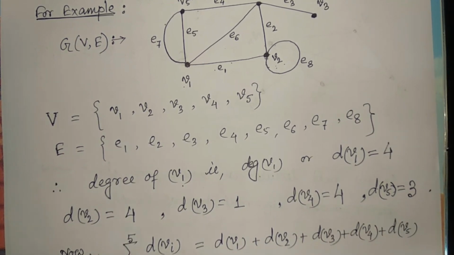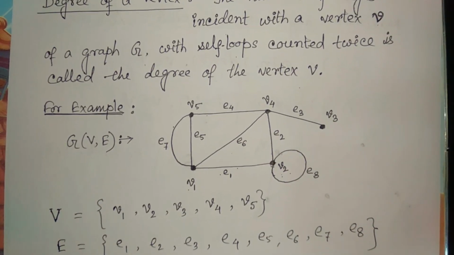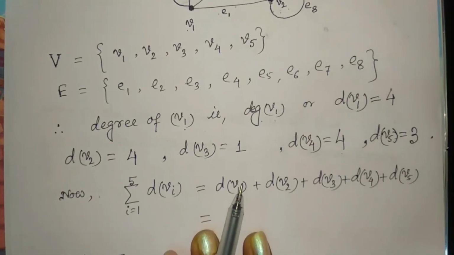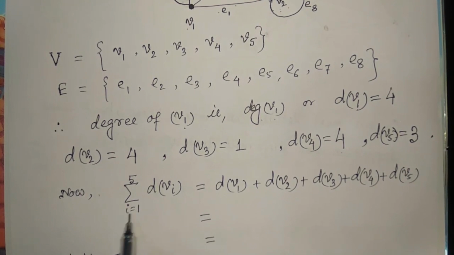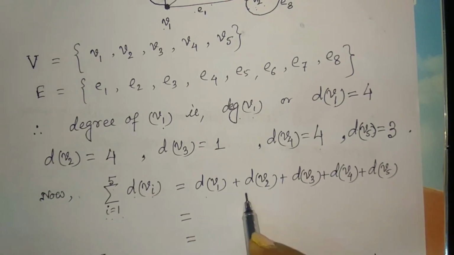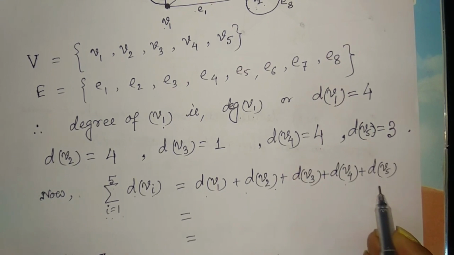So the total degree count for this entire graph we can calculate by adding all those degrees. The total degree count for the given graph is denoted by the summation of degree of Vi, where i goes from 1 to 5. So it is degree of V1 plus degree of V2 plus degree of V3 plus degree of V4 plus degree of V5.